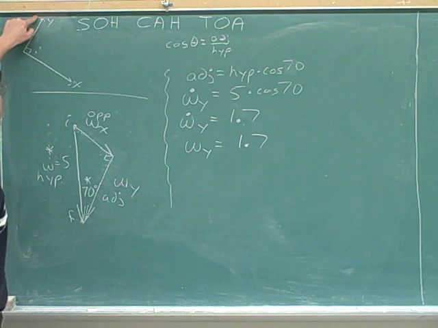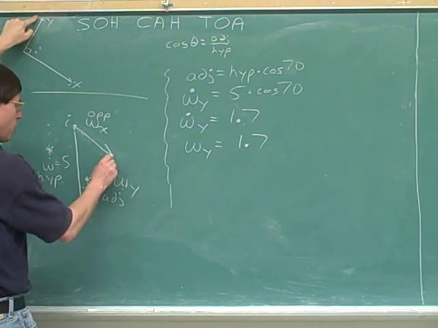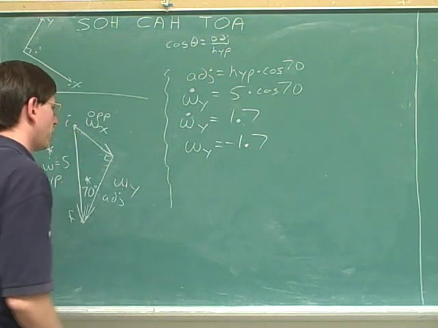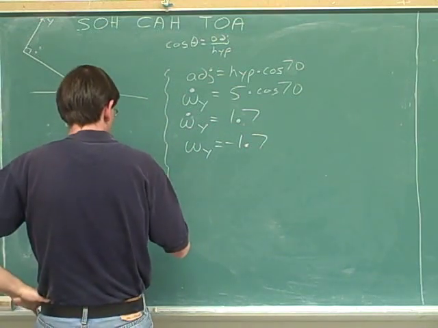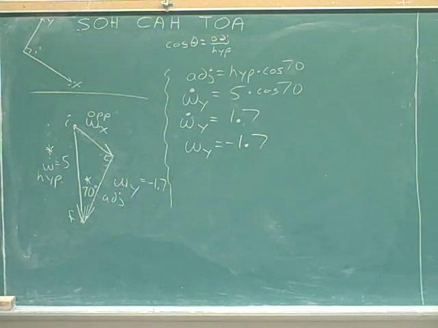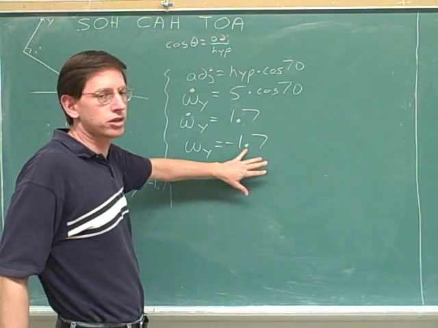The positive y direction is up and to the right, but w sub y here is pointing down and to the left, opposite to the positive direction. So w sub y with the sign should be negative 1.7. The answer is not complete unless it has the correct sign.